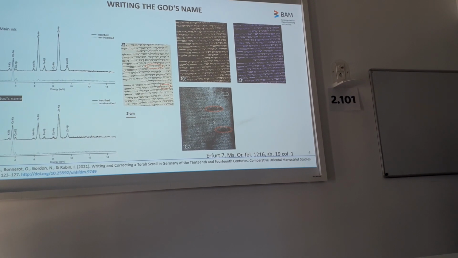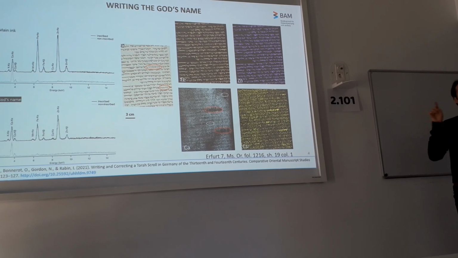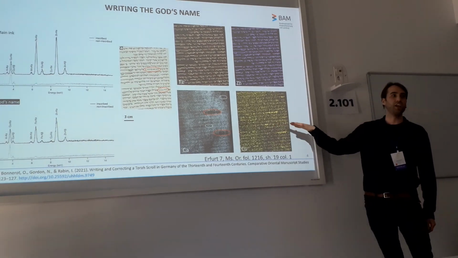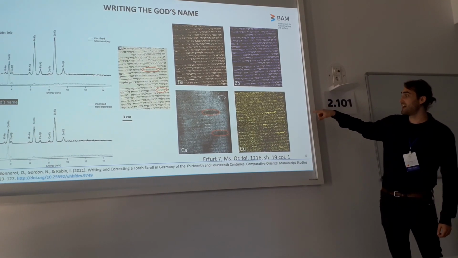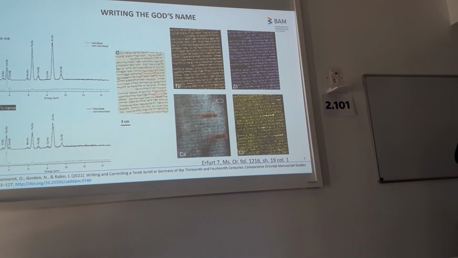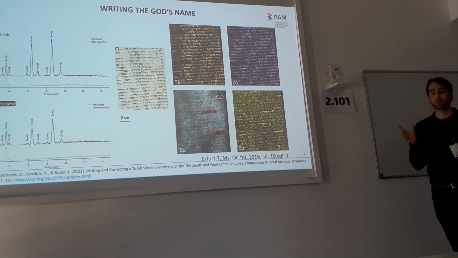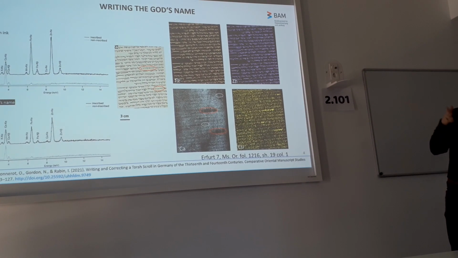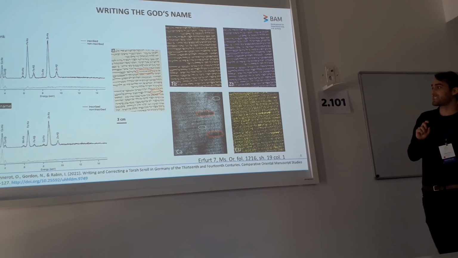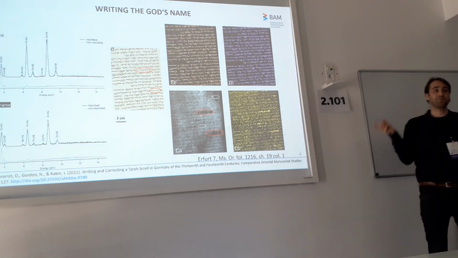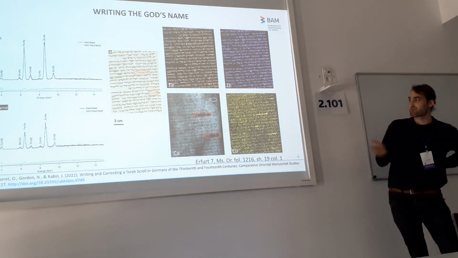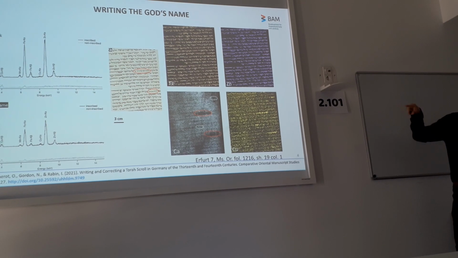Now let's move to the map of copper. And in here, if we look at all those areas, we see that first of all, the God's names were definitely added to the text, and the same with the corrections. Now comparing all of those information together with the information about the same elemental makeup of the inks from God's names and corrections, we clearly see that those were first of all added, but more than that, the God's names were added together with corrections that's been introduced in those areas with the reduced amount of calcium encircled in red.